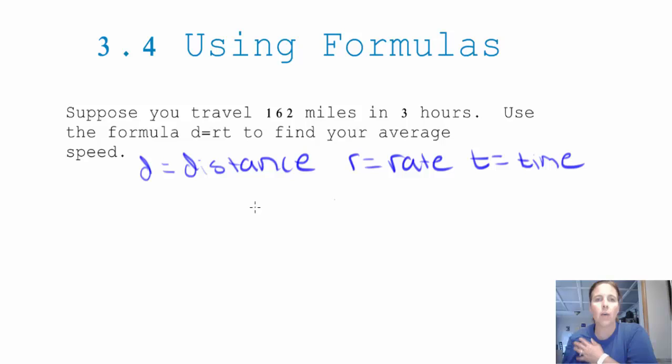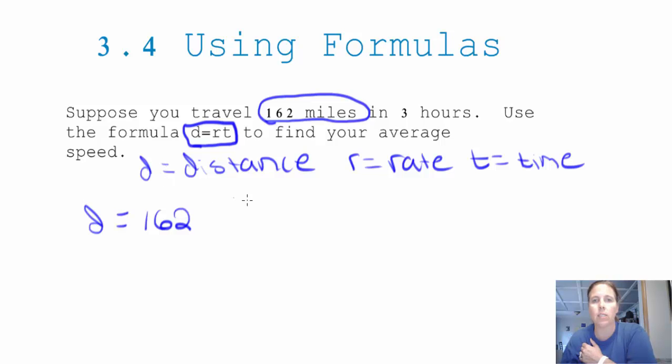It's given you travel 162 miles, so that's our distance, 162, because remember, this is our formula, D equals RT. So D equals 162 and your time is 3 hours.